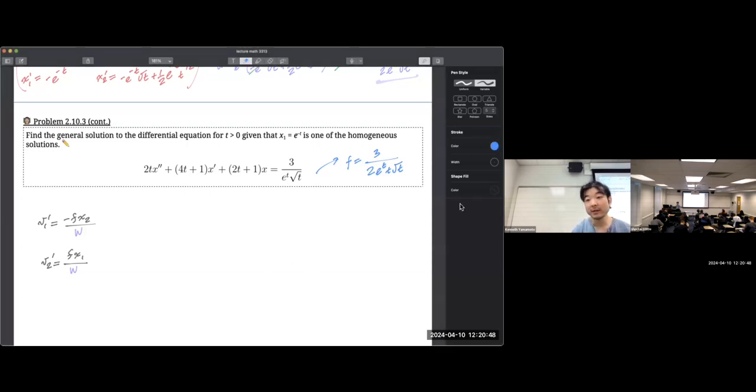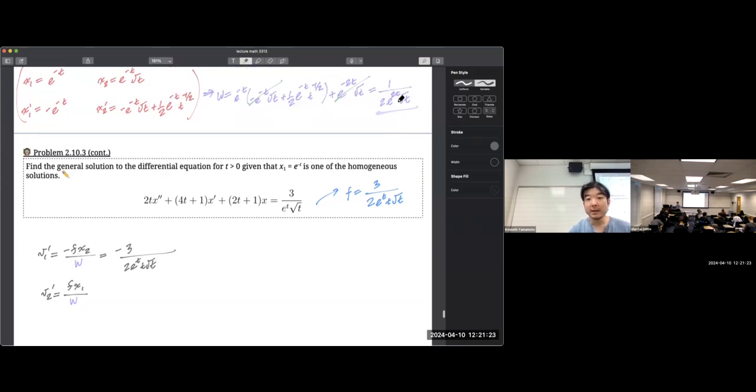Okay, so now let's use this. My v1 prime is going to equal the negative of 3 times my f, so this is where all my f is coming in, all of this, 2 e to the t square root of t.